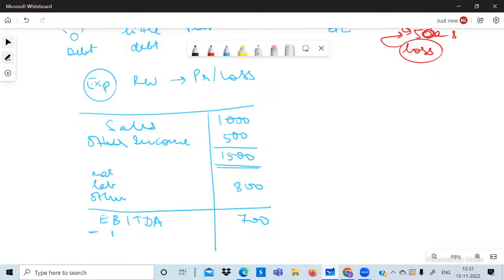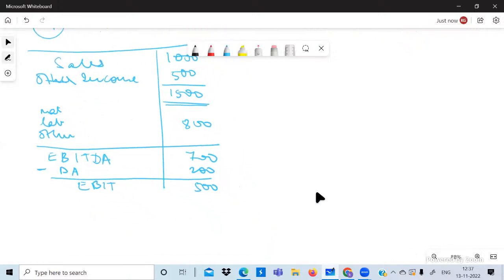From this, the company will reduce the depreciation and the amortization. Let's say that is 200. Finally, what they get is EBIT of 500. EBIT is earnings before interest and tax. So this is the earning or the profit that the company has generated before paying interest and before paying taxes.